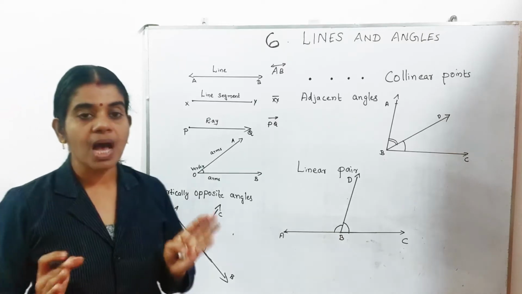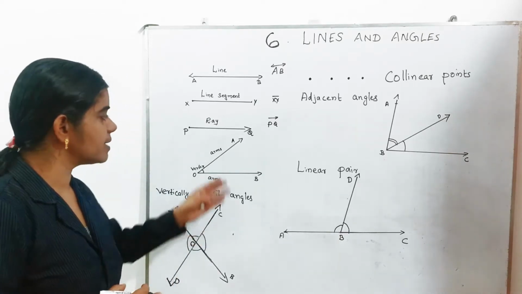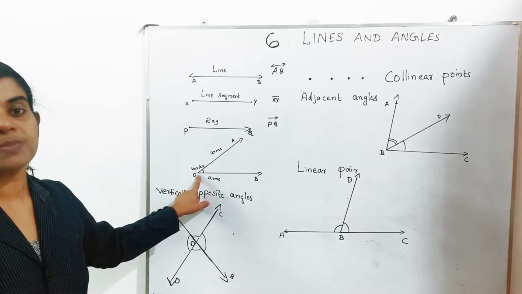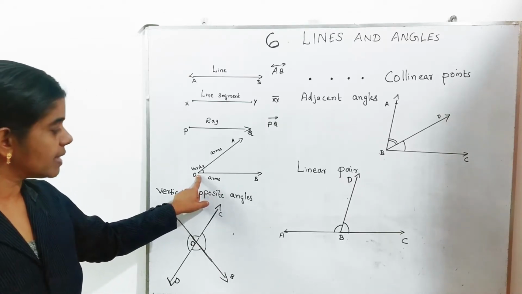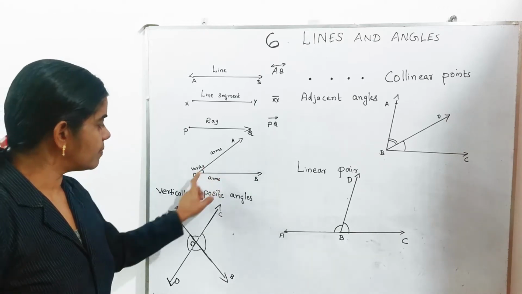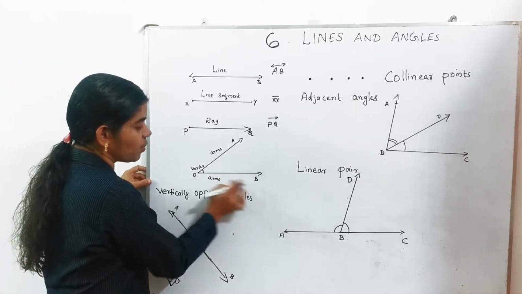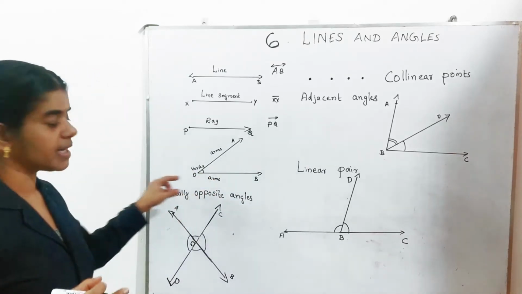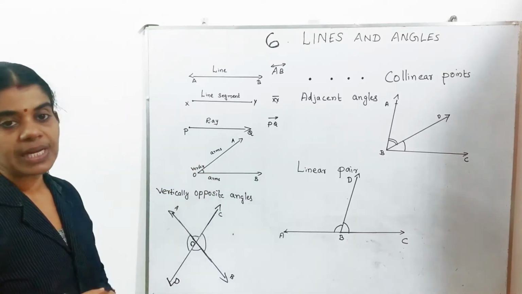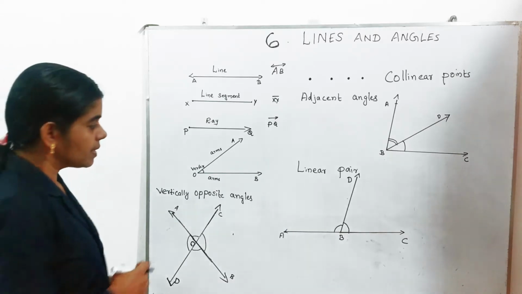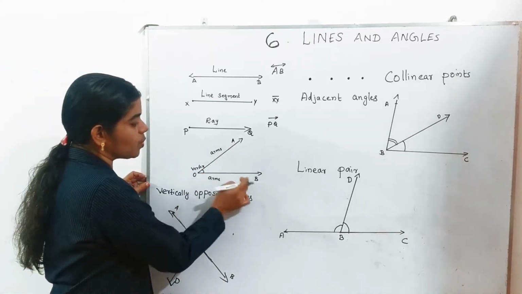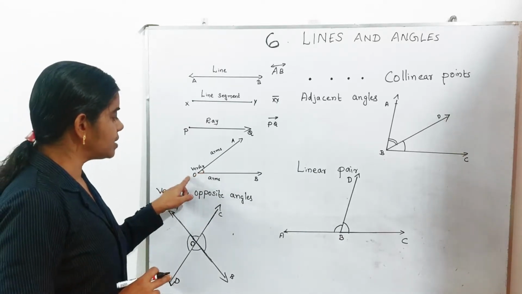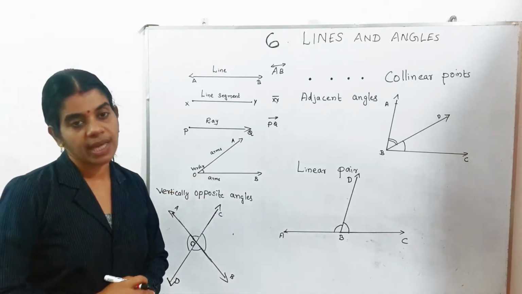Next I am saying angle. How is an angle formed? Two rays having the same initial point form an angle. That means two rays, OA and OB, having the same starting point O, give us an angle. OA and OB are called the arms of the angle and O is called the vertex of the angle.